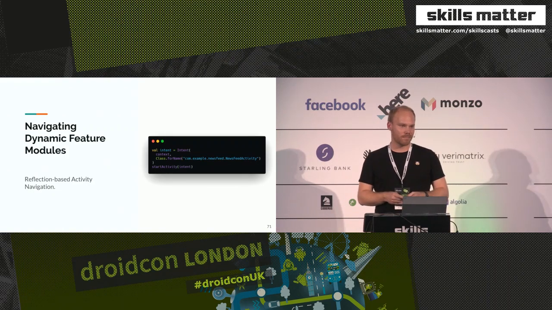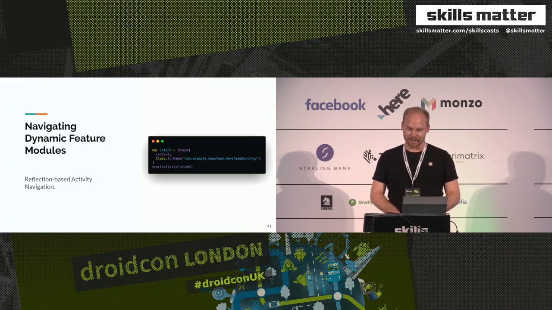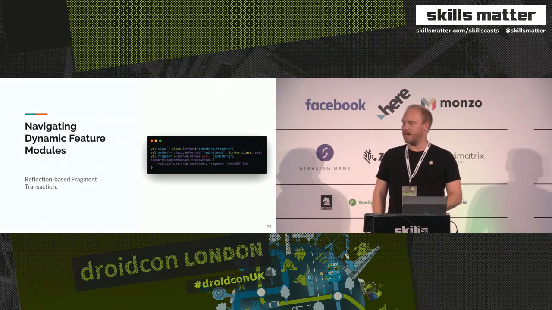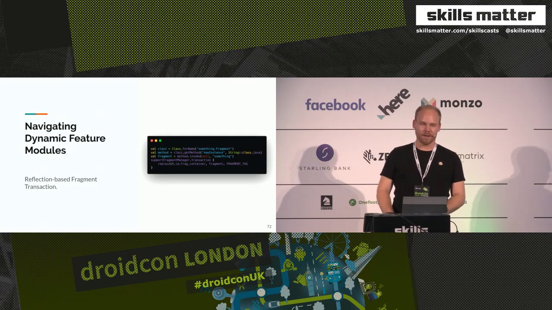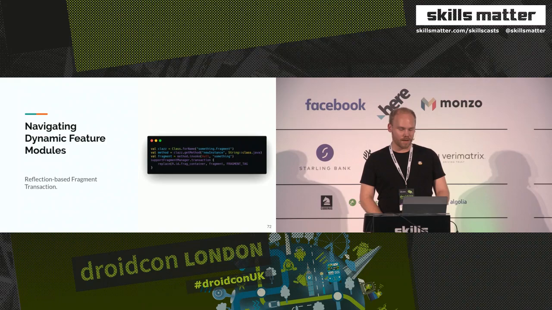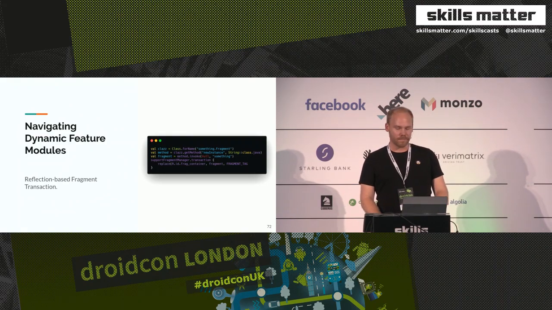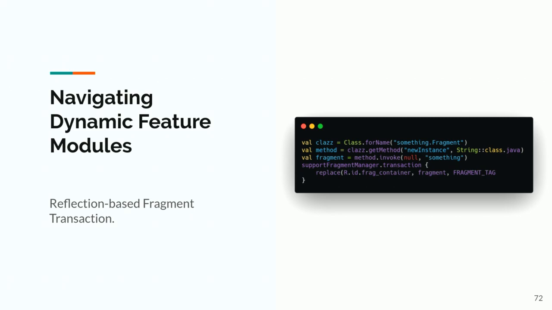It shouldn't just crash in the best case. This also applies to other types of navigation. This would be an example of a fragment transaction if we execute it based on reflection. The fragments now still need to be instantiated somehow, and this also becomes quite ugly.